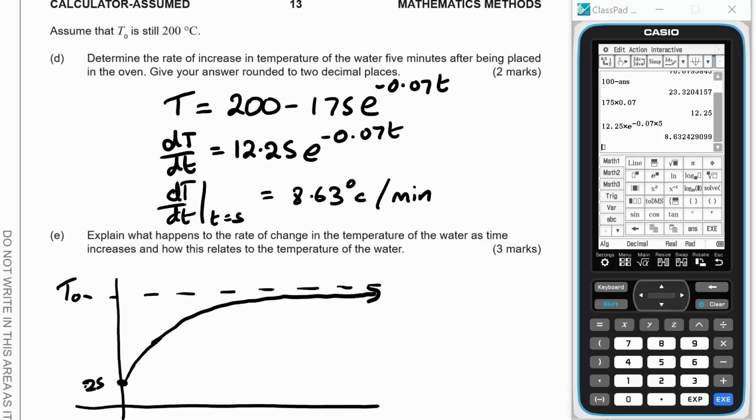So we know that T will tend to T0 as t tends to infinity.